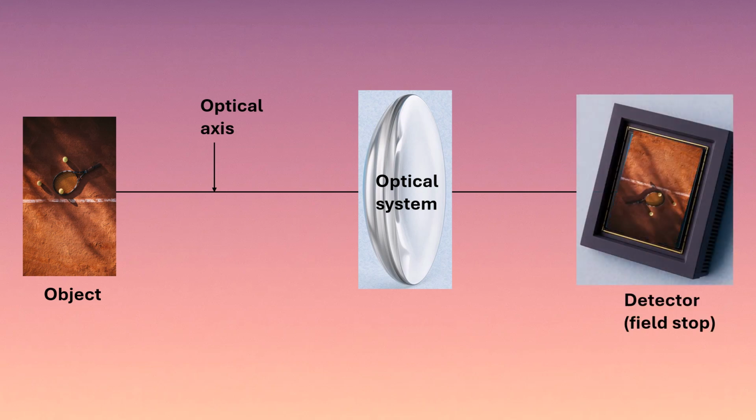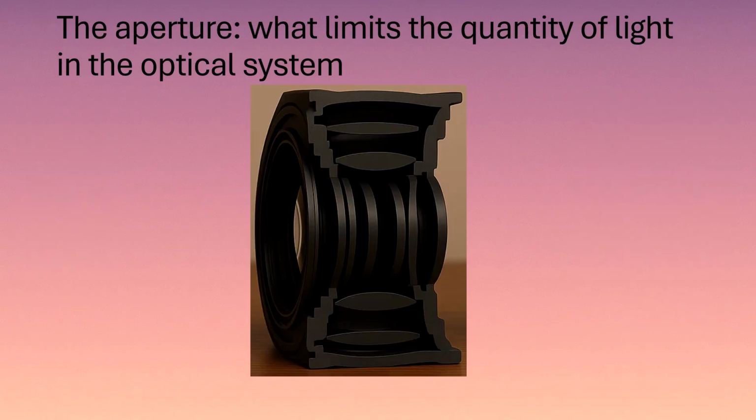This area is limited by what's called the field stop. It defines what part of the scene the instrument can see. Finally, there is the aperture stop, a physical component in the system that controls how much light makes it through the optical path.